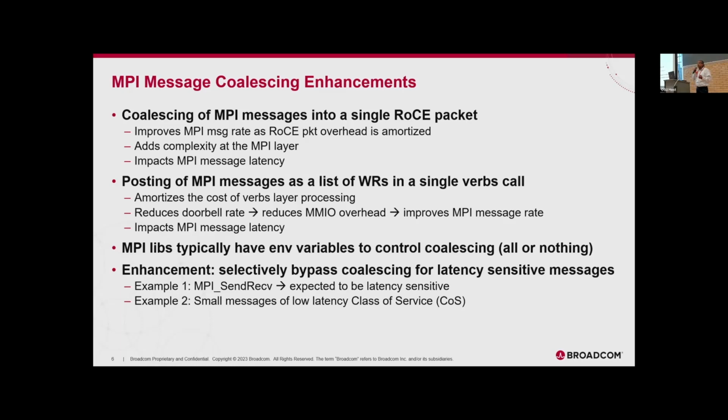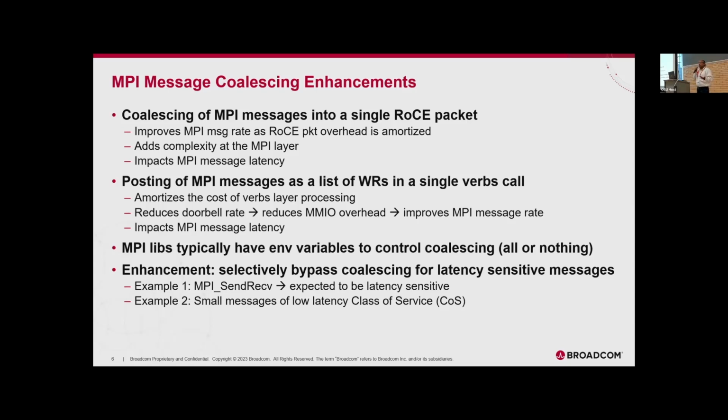Another thing here is that at the verbs or lower layer library level, you do have APIs where, if the upper layer like the MPI layer has multiple messages to send, it can post them in a single call as a list. You might argue, okay, it's a user mode call. No, it's not just the user mode call. When you do this kind of list processing in a single call, the underlying library knows that you are sending this many messages on this queue pair.